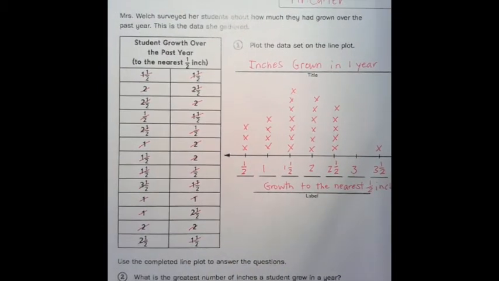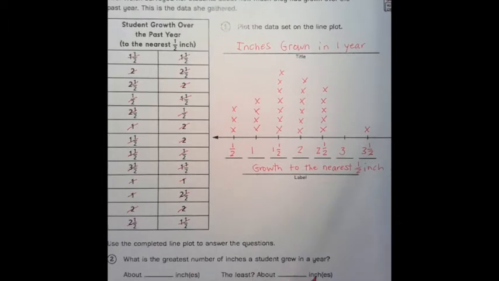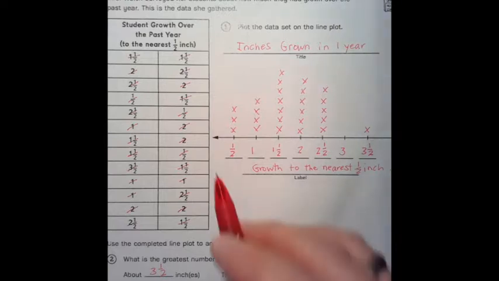There's our line plot. So now we need to use the line plot to answer the question. What is the greatest number of inches a student grew in a year? The greatest is 3.5, because that's the biggest amount that we have here. So 3.5 is the greatest number of inches grown in a year, and the least is 1/2.